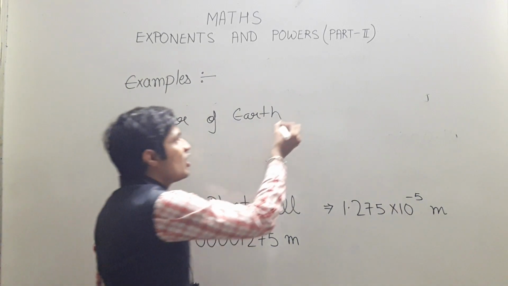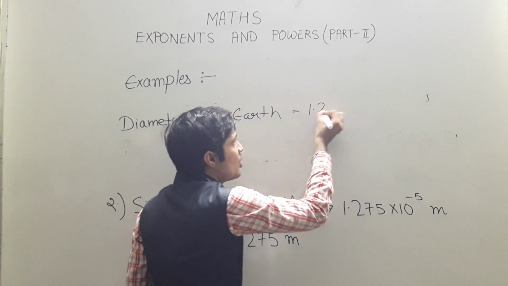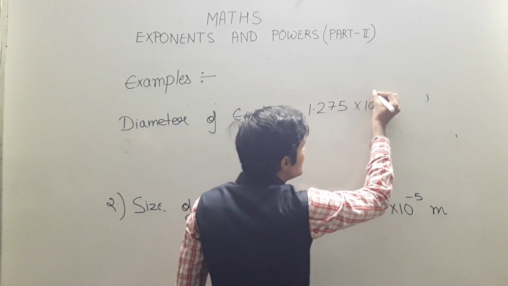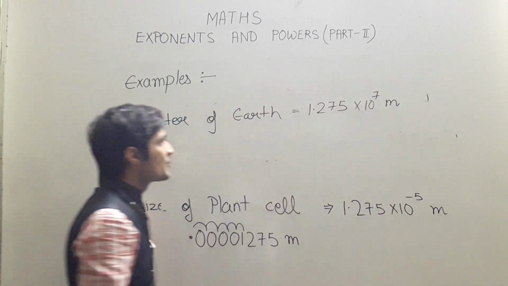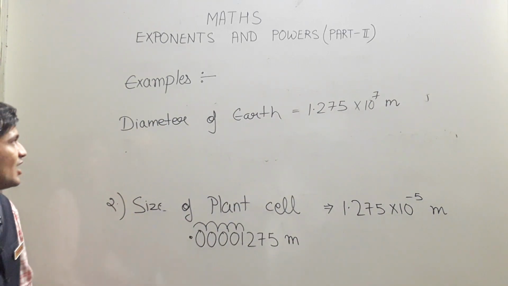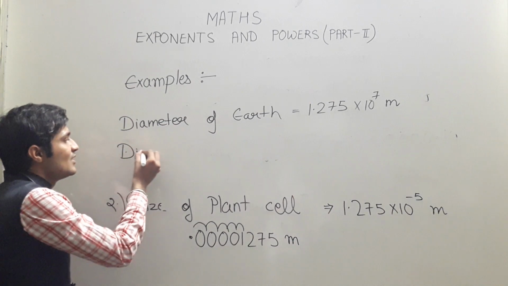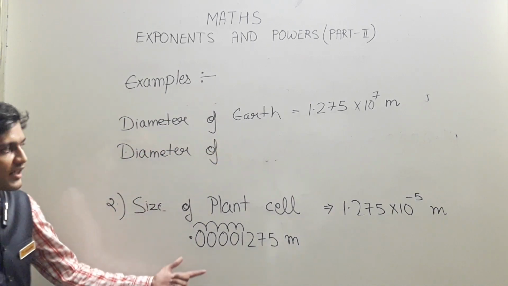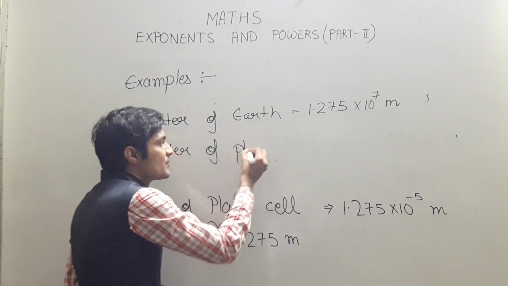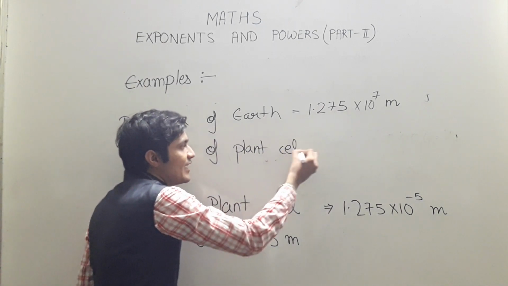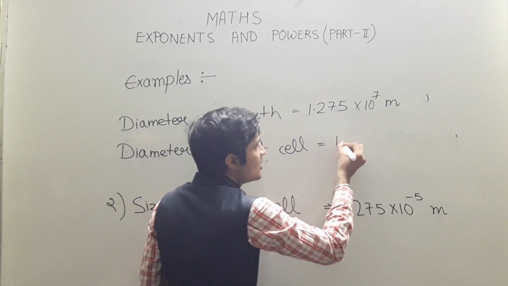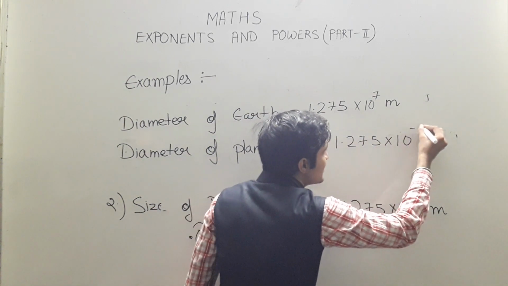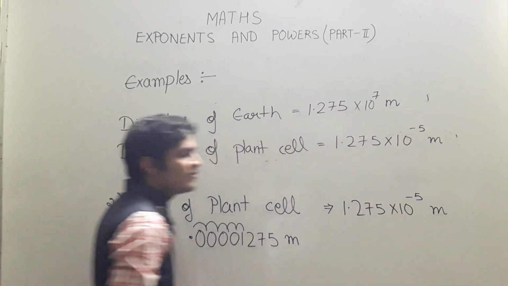The diameter of earth is 1.275 into 10 raised to power 7 meter. And the diameter of plant cell, which we have taken in this example, is 1.275 into 10 raised to power minus 5 meter.